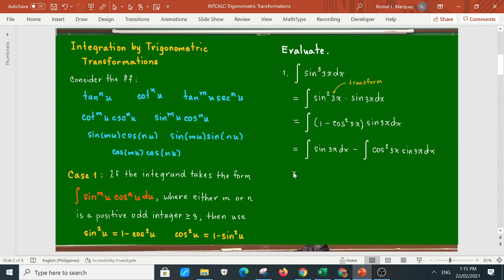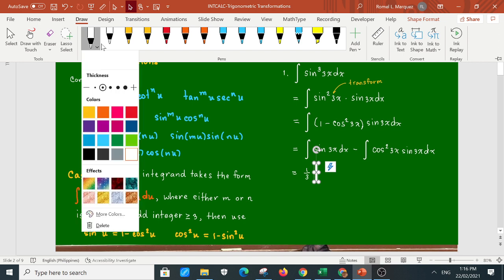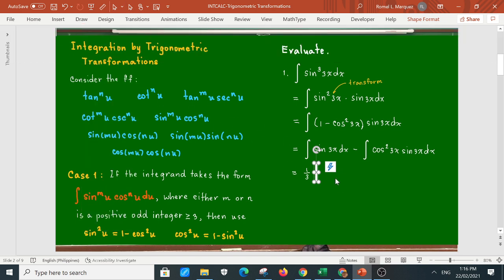Okay? What is the integral of the first term? I'm going to put 3 balanced by 1/3. Am I correct, guys? Later you must be familiar with mentally introducing a factor, okay?